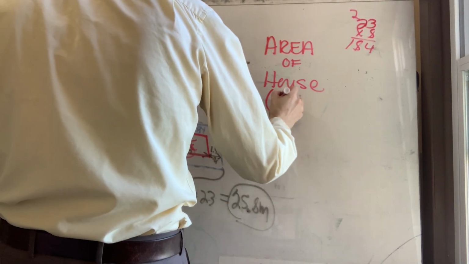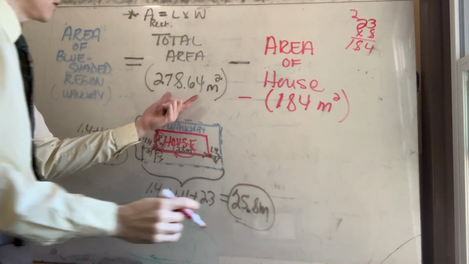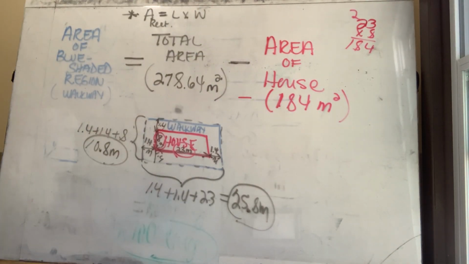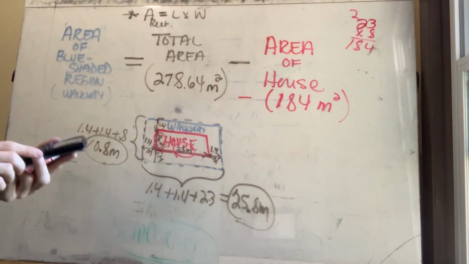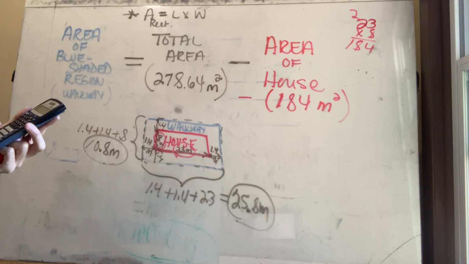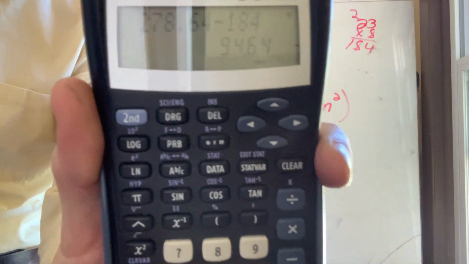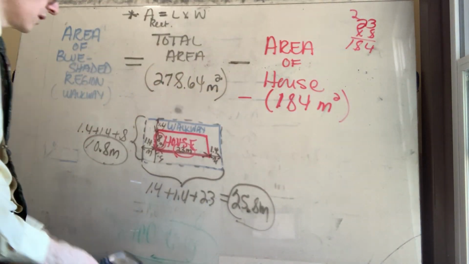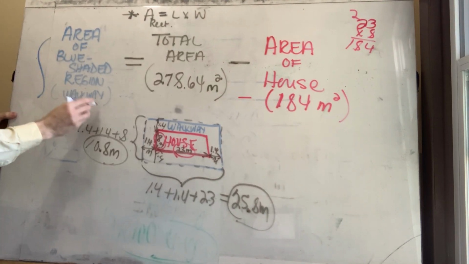So you're going to subtract 184 from the total area. 278.64 minus 184, and you would get 94.64. And that would answer the question, because this is what you're actually after.